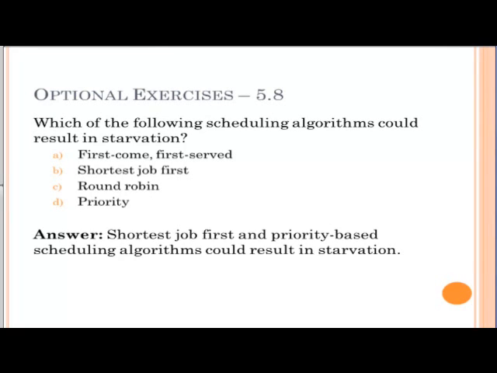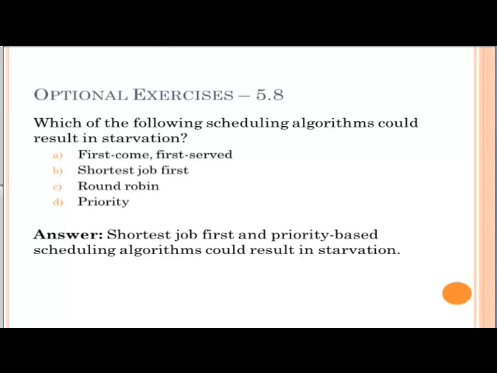We have an A here. Shortest job first and priority-based scheduling algorithms could result in starvation. So you had an option of choosing more than one.